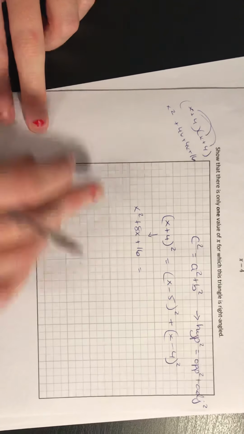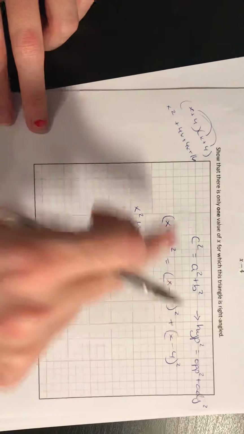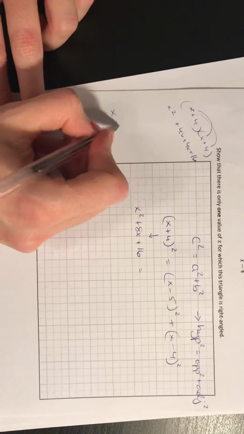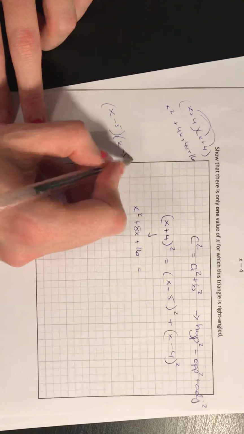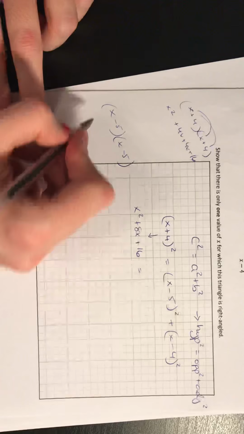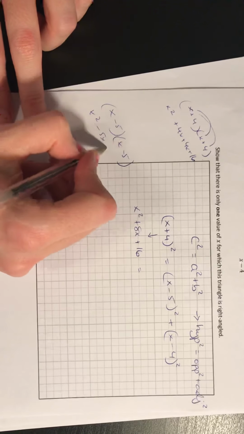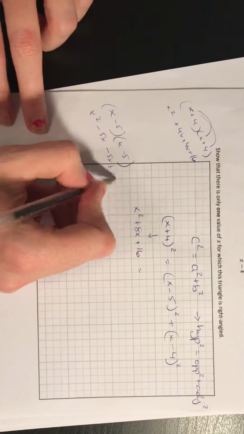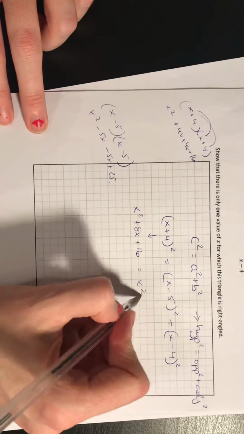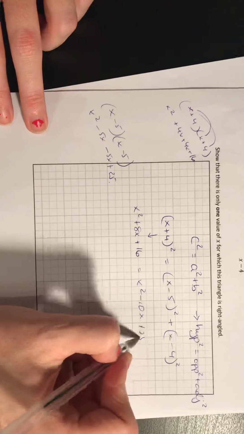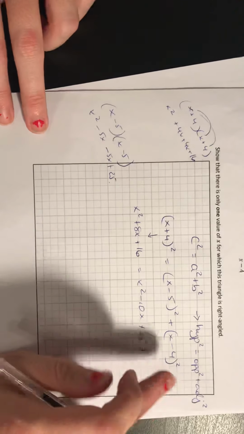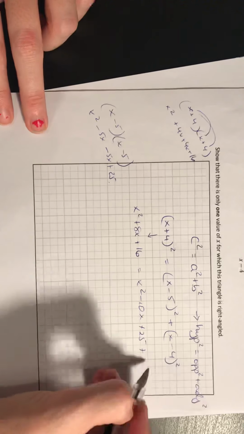Again, do that with this. Take it to the side, work it out. Gives me x squared minus 10x plus 25 plus, take that to the side, work it out.